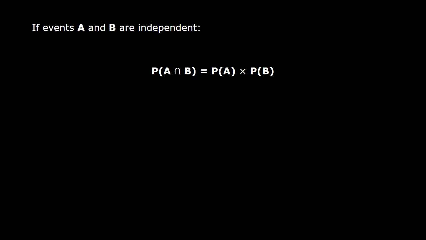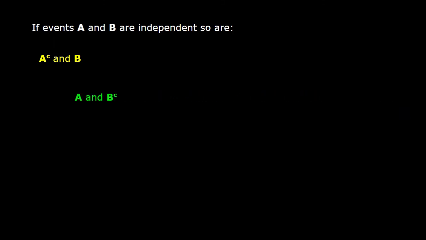And the sneaky part of independence is that if events A and B are independent, then you can introduce some complements into the mix as well. So if A and B are independent events, so are A complement and B, A and B complement, and finally A complement and B complement. So this would allow you to calculate three other intersections.